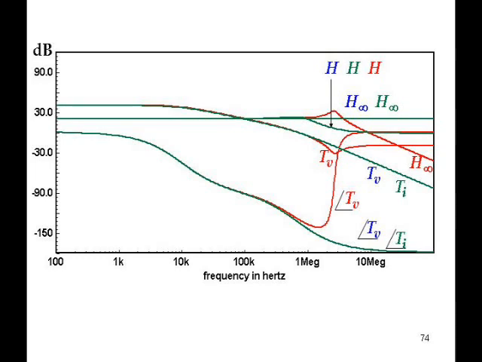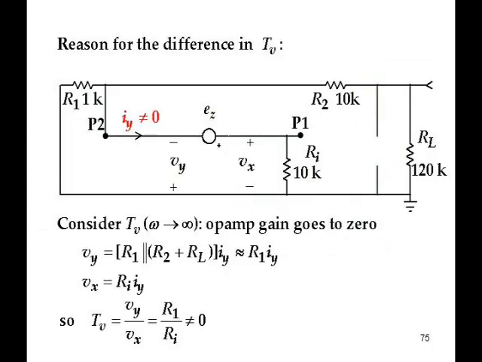Because you see, you can get huge differences. Now, why is it different? This is the reason you get a difference in the loop gain Tv. Consider infinite frequency, just to take an easy case.